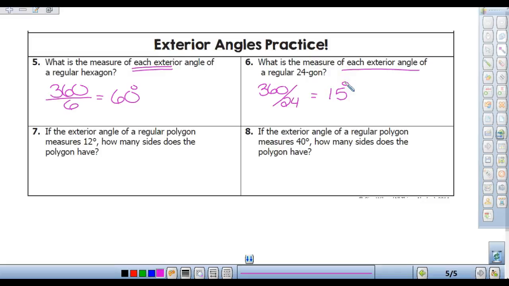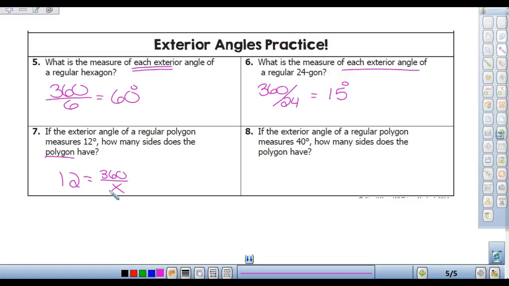All right, we have a regular polygon. We don't know how many sides. Okay, so we have 12 degrees equals 360 divided by x. Anybody know how to solve this?